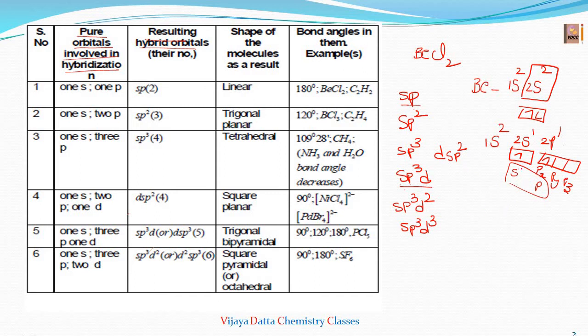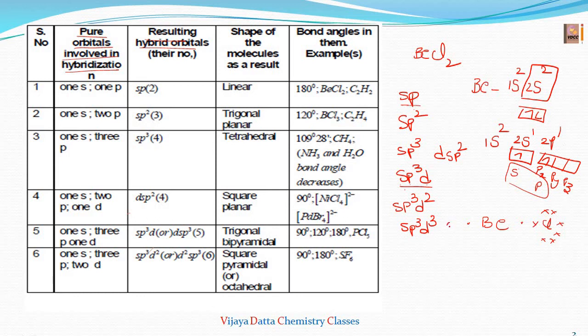Now, according to these hybrid orbitals, beryllium has 2 valence electrons. Chlorine has to form a bond with the beryllium. Chlorine belongs to the 7th group, so it has 7 valence electrons: 1 2 3 4 5 6 7.